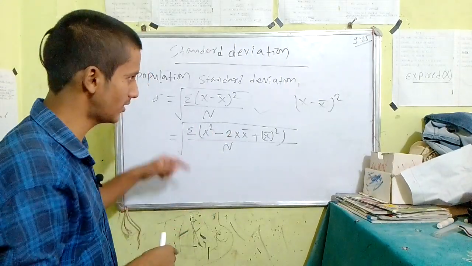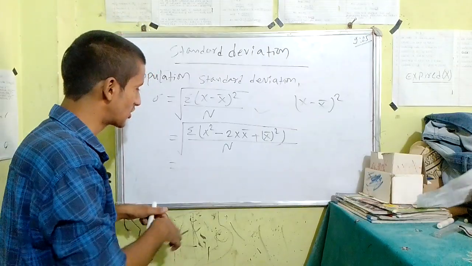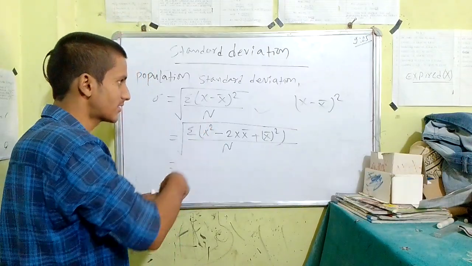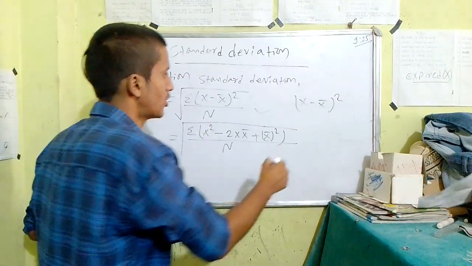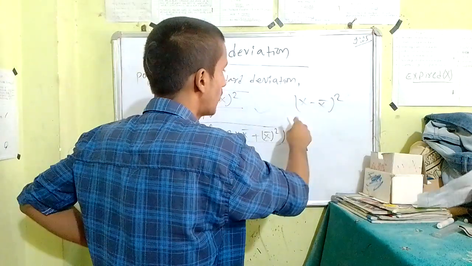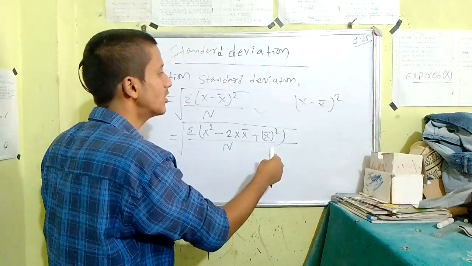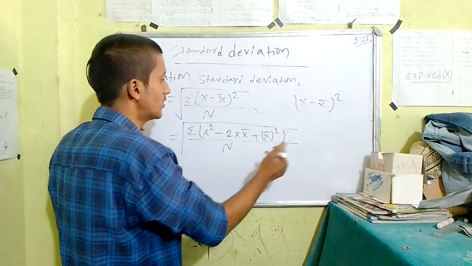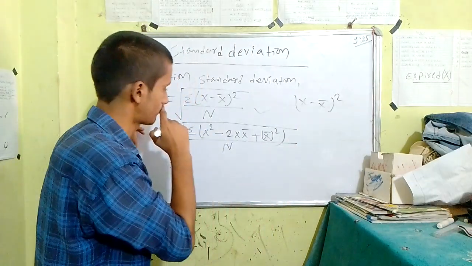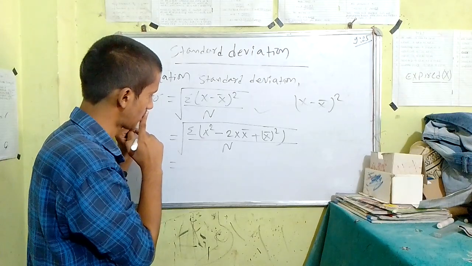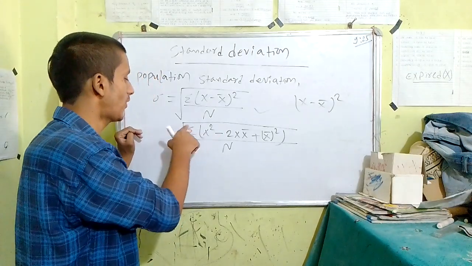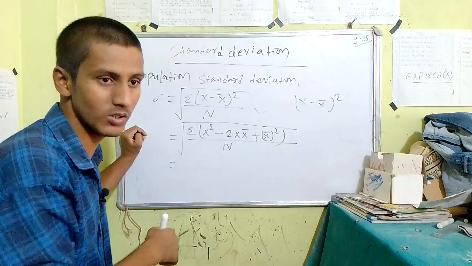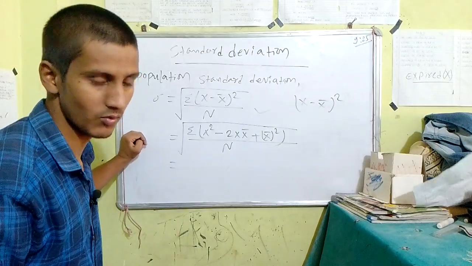If you have something like this, then, if you're going to find this for an individual observation... wait a minute, I'm sorry. If you want to find the sigma, it means not for an individual observation, but for all the observations.